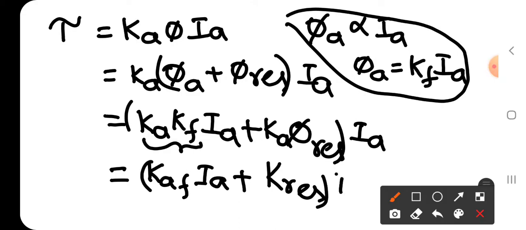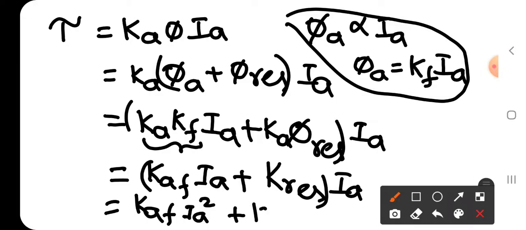If I multiply this equation with Ia, then this will be Kaf Ia square plus KRES Ia. Here it is very interesting that the torque developed by the motor is also divided into two components.